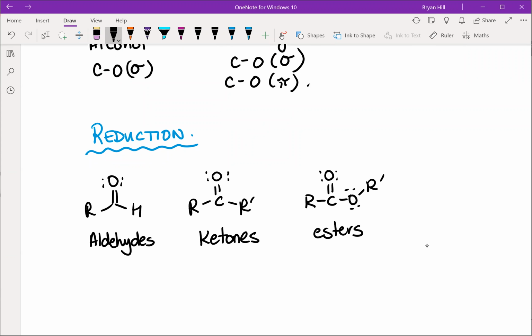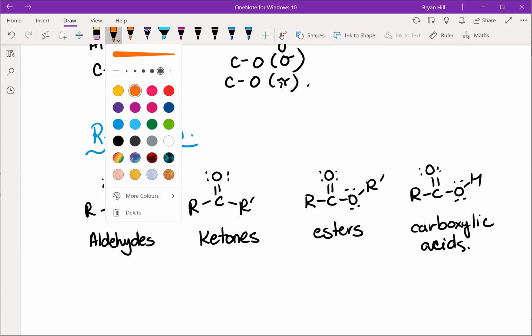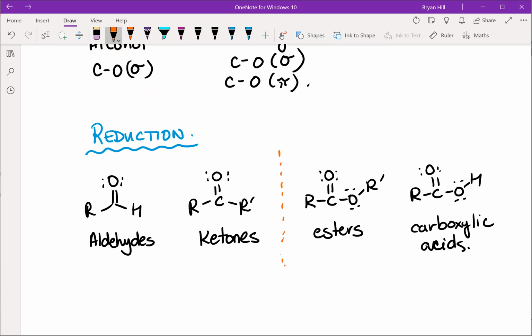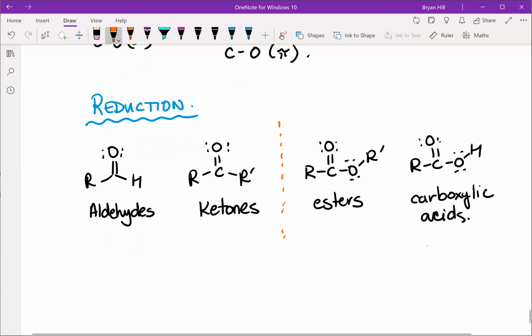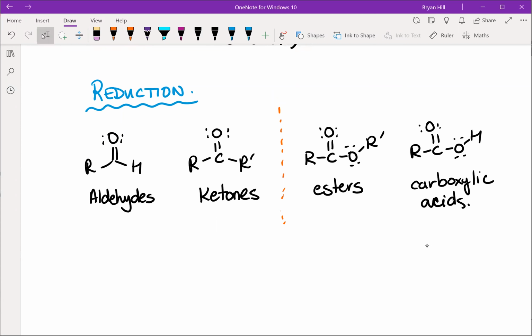Esters and carboxylic acids. I'll put a little dividing line between the two of them. The reason why I'm doing this is because ketones and aldehydes behave similarly, and esters and carboxylic acids behave ever so slightly differently. There's a nuance to them, so that's just why I'm doing this.